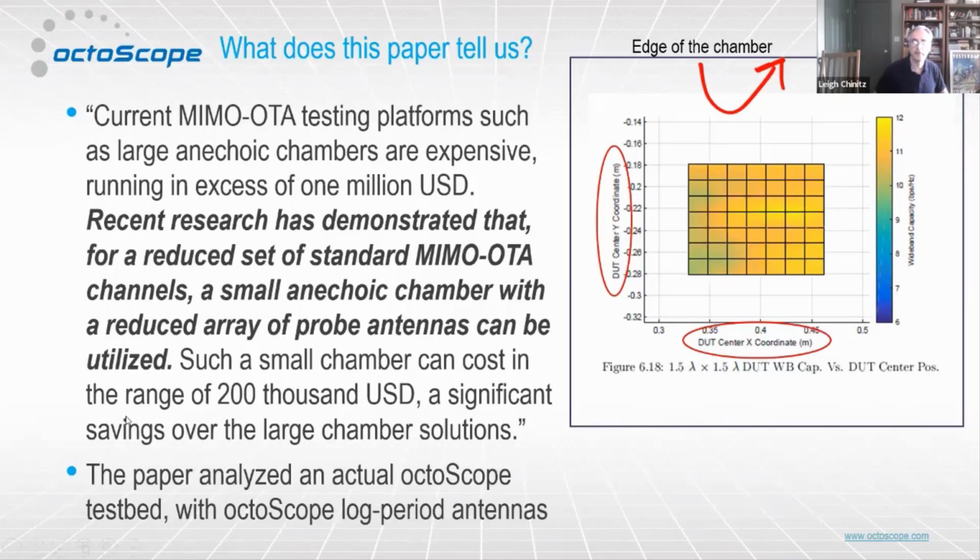As I mentioned, the paper itself looked specifically at an octoscope testbed with octoscope log periodic antennas. And let me just give you a quick insight into what they took away.